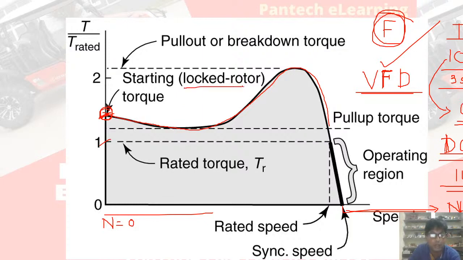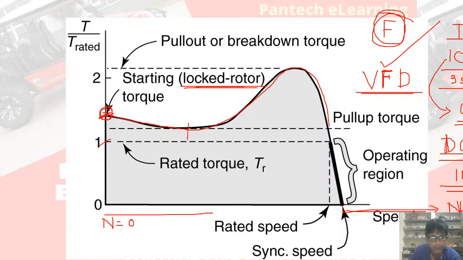And this locked rotor condition is just like a transformer whose secondary is shorted while you apply the rated voltage on the primary side. The same thing happens when your rotor is locked. Basically it is shorted, and due to that reason this high current is flowing.